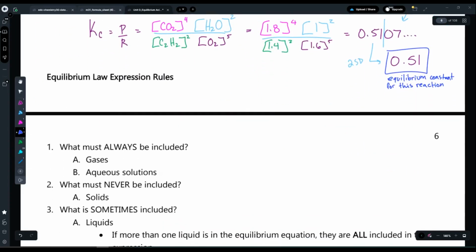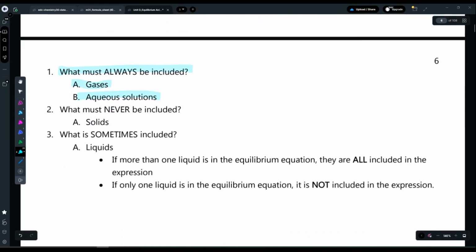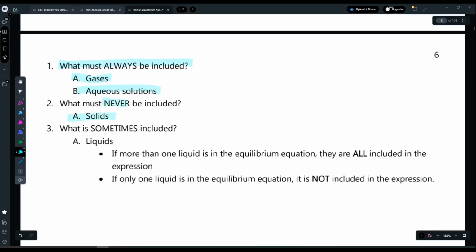But there are some rules as to what you can include in your equilibrium law expression. What's always included is going to be your gases and aqueous solutions. What's never included is solids, because you can't find the concentration of a solid.